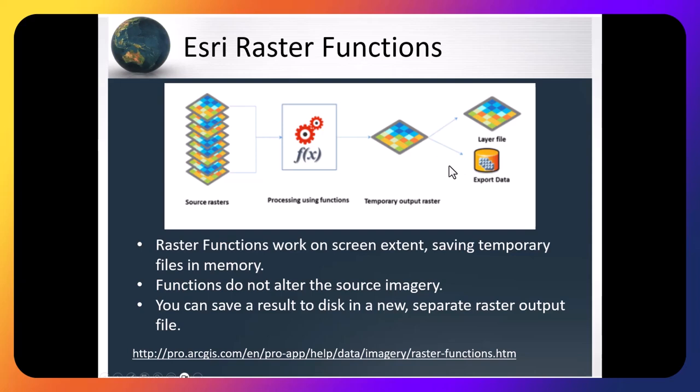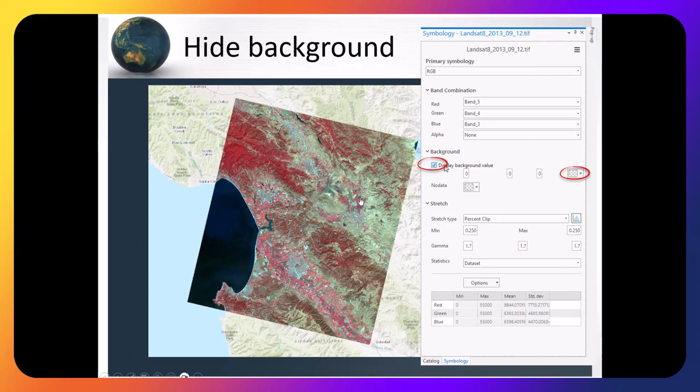And so raster functions are a very efficient, very agile way to conduct rapid analysis of imagery in the Esri system. They work on the screen extent. So for example, if we look back at this particular image, suppose we're interested in just this area here.